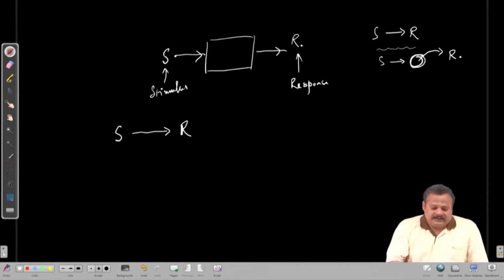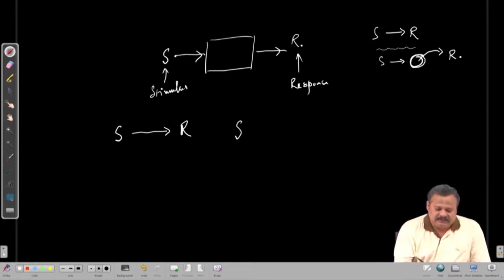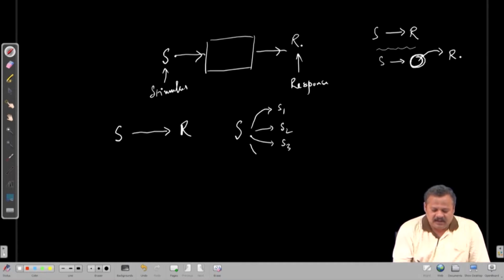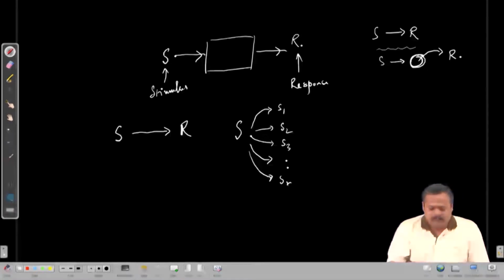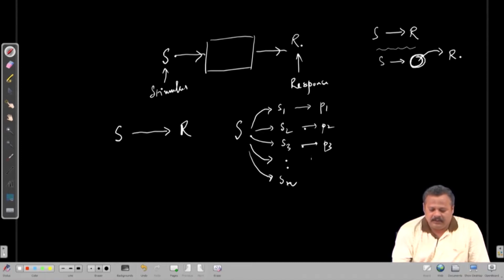Let us say the stimulus is a random variable that takes on values S1, S2, S3 and so on up to Sn. Each of these has a probability associated with it: P1, P2, P3 and Pn.